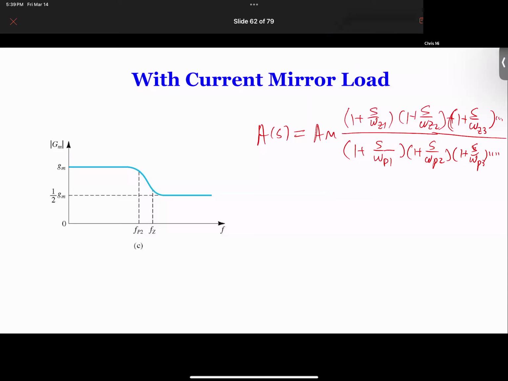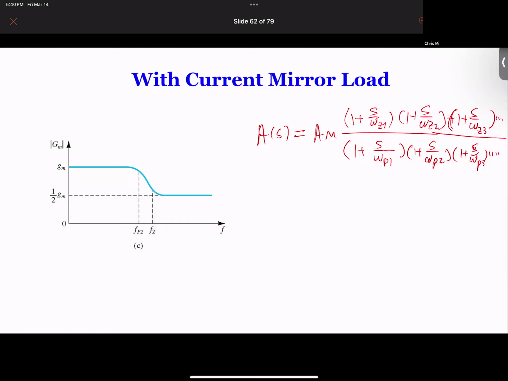You could have, for each stage, 1 zero, 2 zeros, or 1 pole to 2 poles. So you have 4 stages. Basically, you will have at least 4 zeros and 8 poles. If some of the frequencies overlap, it becomes like 1 plus S over WP squared. But sometimes they don't.